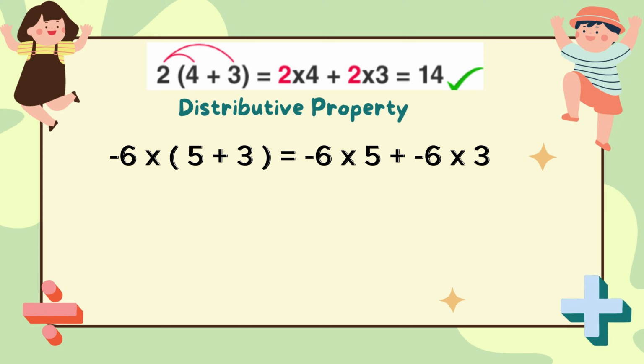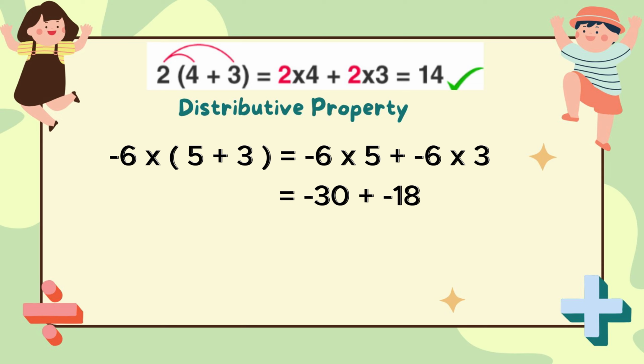Take note of the operation, which is addition, because the given operation is addition. So negative 6 times 5 is equal to negative 30, and negative 6 times 3 is negative 18.